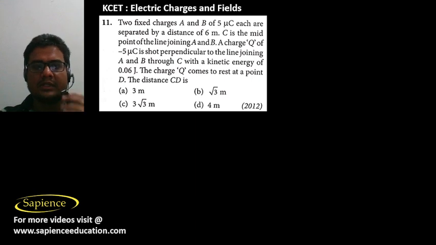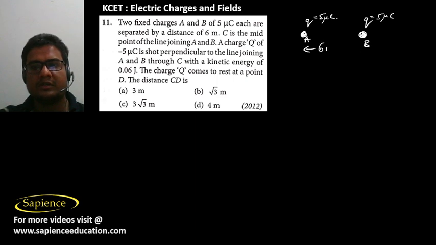Then it is told that two fixed charges A and B, 5 microcoulomb each, are separated by a distance of 6 meter.